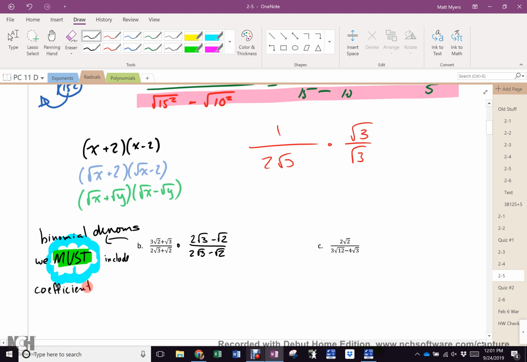Yesterday, coefficients actually got in our way, didn't they? They made it more complicated, so we just threw them out. But we can't do that here. Okay? Now, when you look at this problem, you see a mess.